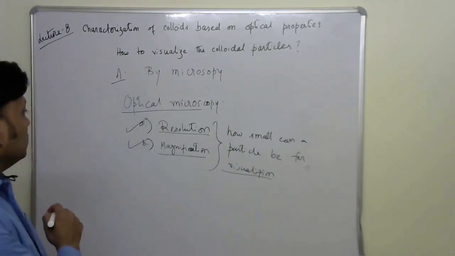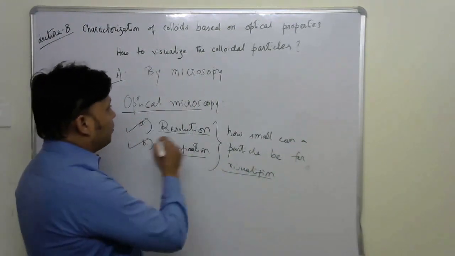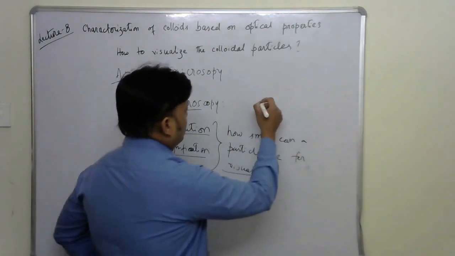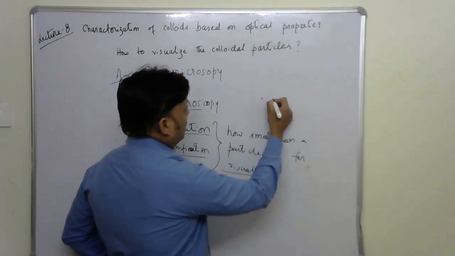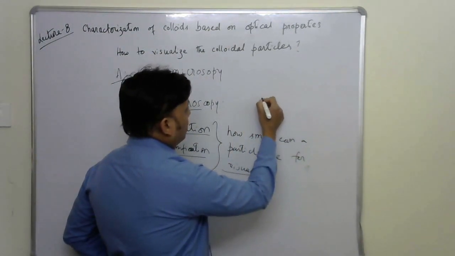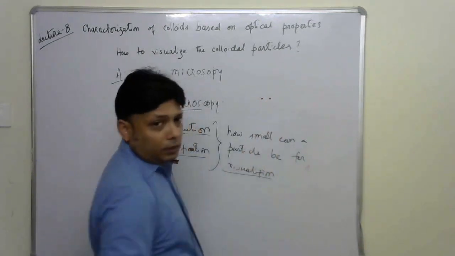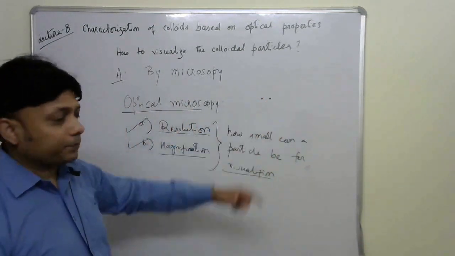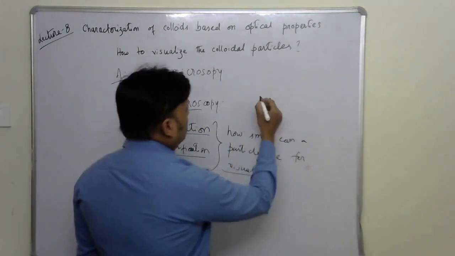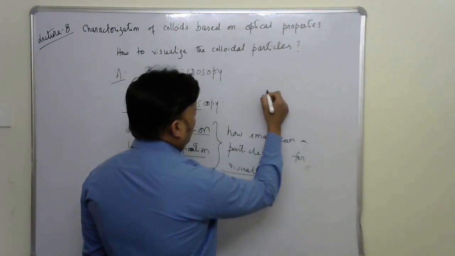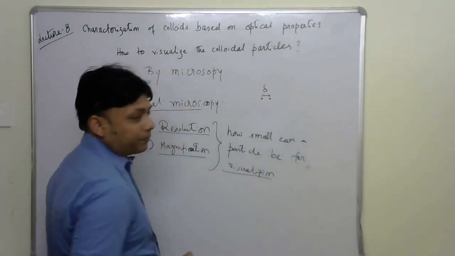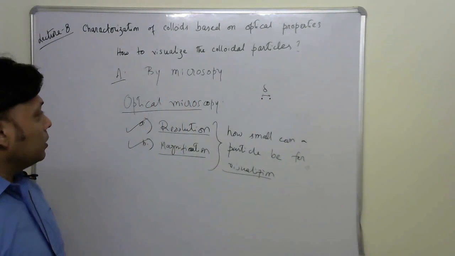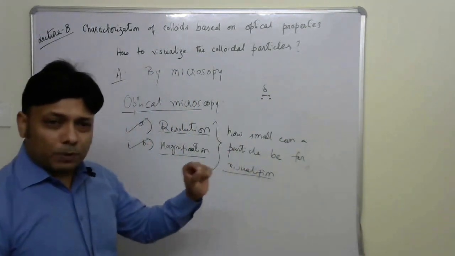So the term resolution actually stands for, say, I am just drawing two spots over here. You can see that. The distance between these two spots, I call it delta. All right. So microscopy has a limit.